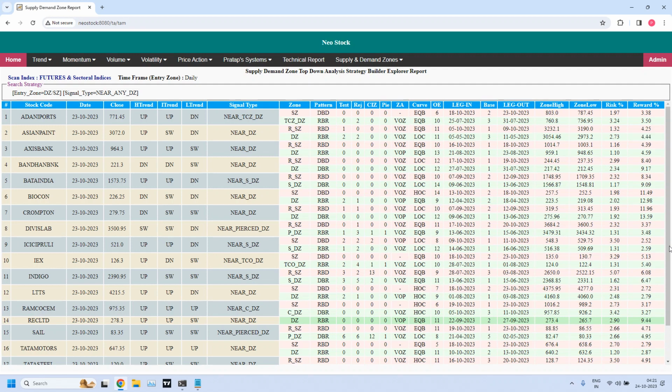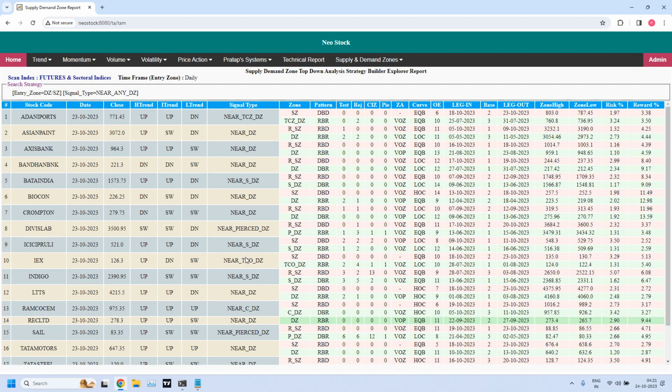Maybe there could be a small percentage before the demand zone. That small percentage would have been crossed today when the market is so bearish.